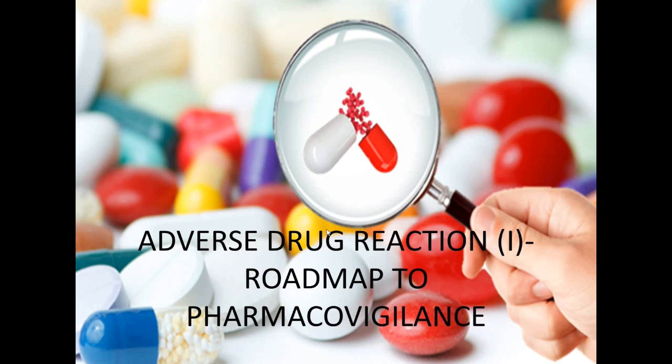So pharmacovigilance is mainly based on adverse drug reactions. Before understanding pharmacovigilance, we need to understand what adverse drug reaction basically is and what the various aspects and branches of adverse drug reaction are. That is why the topic is named roadmap to pharmacovigilance. Now moving on to the first slide.